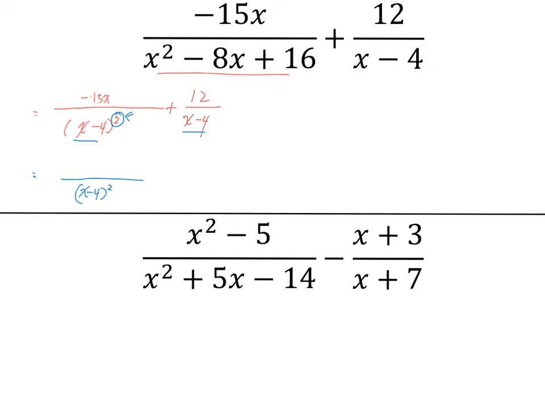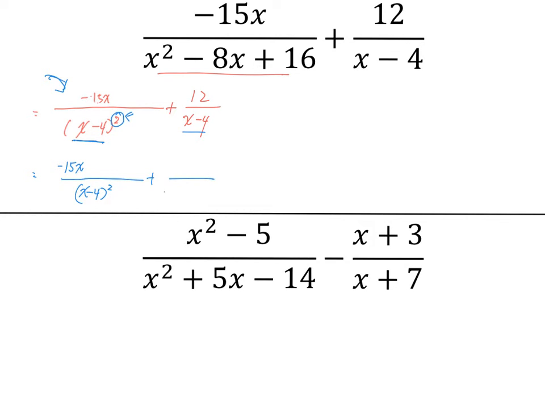Okay, since this fraction here has a denominator with 2 factors of x minus 4, then you can leave it that way.